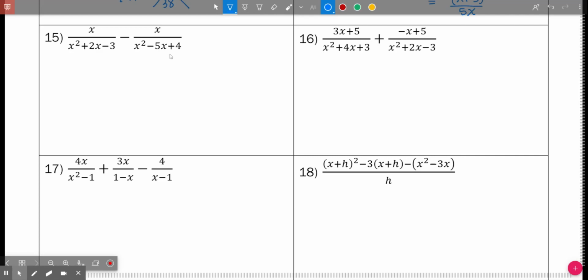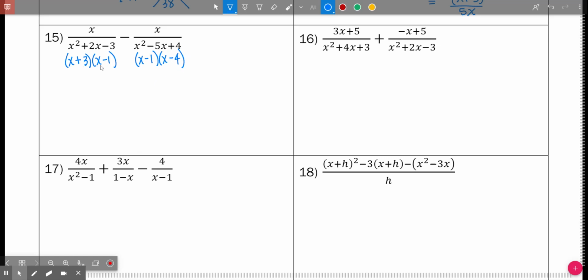In number 15, I'm going to factor the denominators. So this is x plus 3 times x minus 1. This is x minus 1 times x minus 4.